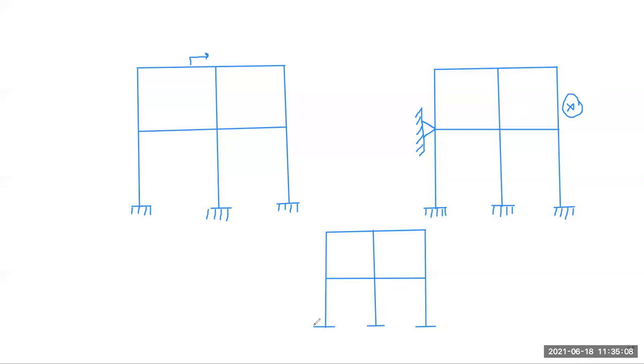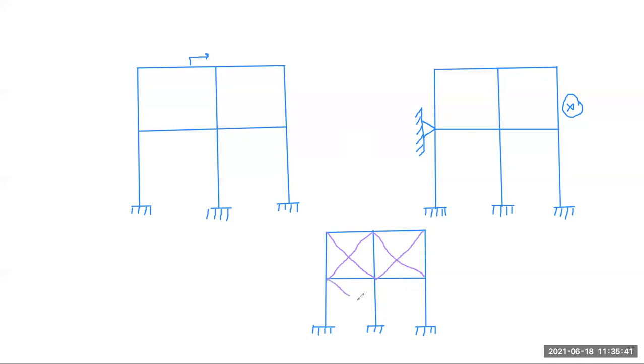Here we also provide fixed supports. Then what we do here is provide bracings in our structure. Basically we add our column with the adjoining beams.